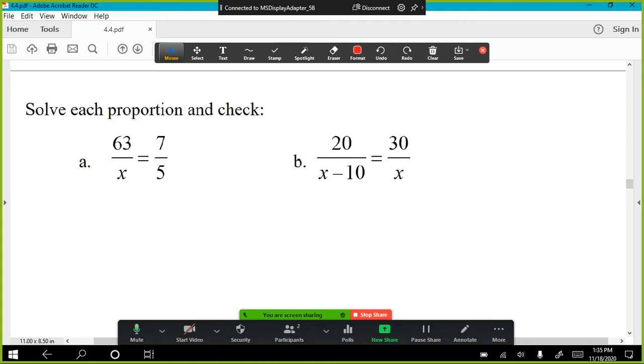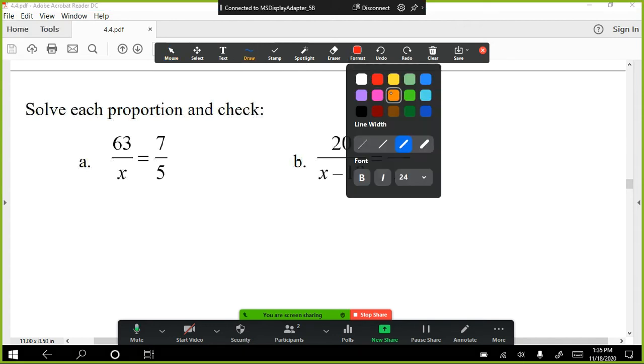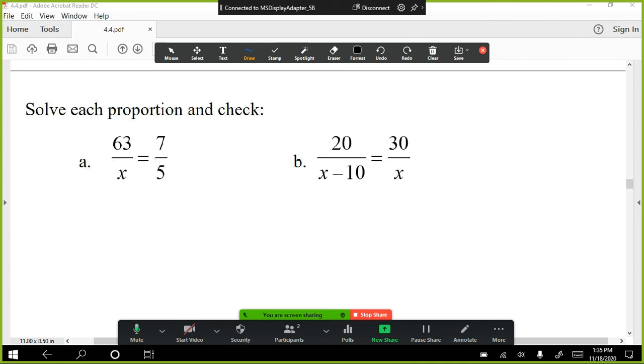So here is the gist of what we're doing today. You're going to be asked to solve a proportion. If we have 63 over x equals 7/5, when we're asked to solve a proportion, one of the numbers is missing.